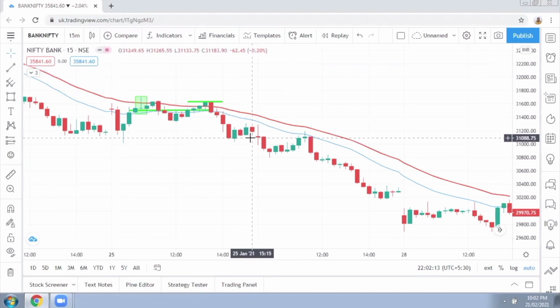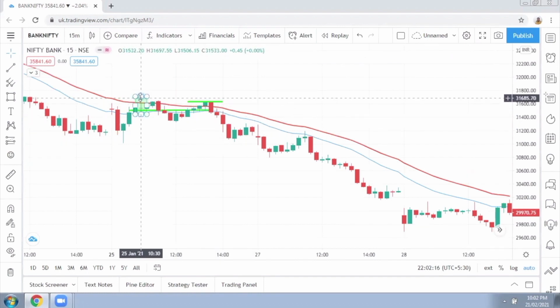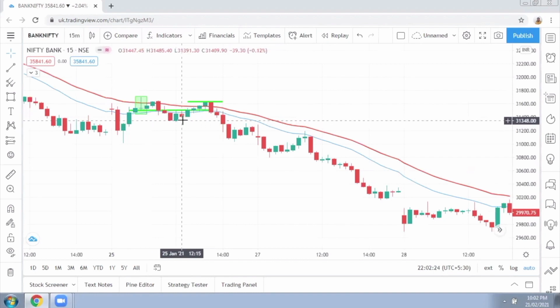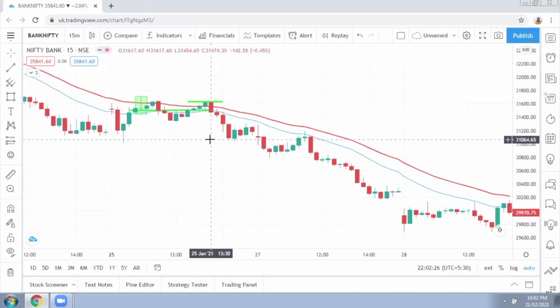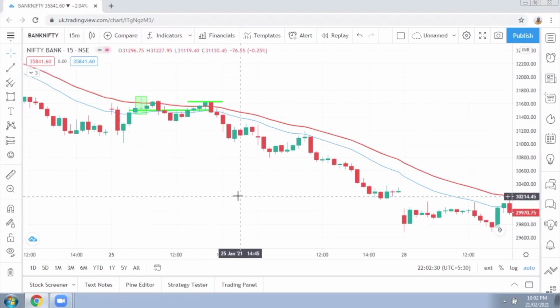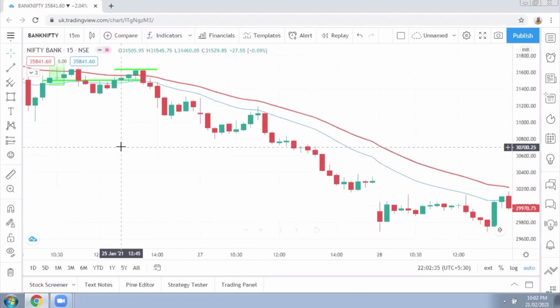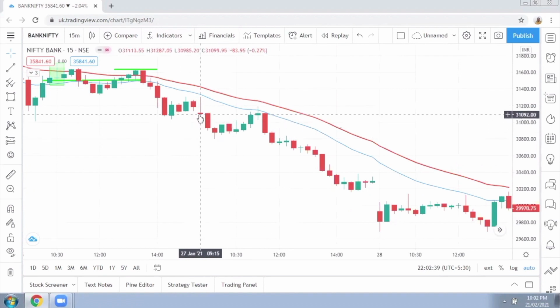After that, in the downtrend, we will shift our trailing stop loss to the lower high which is formed after that candle. So I have marked with the green line that second lower high which is formed there. And if someone wants to ride the whole trend, he can simply trail that stop loss with the lower high formations, or he can use any indicator like super trend to trail the stop loss.